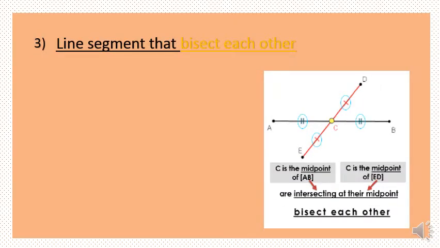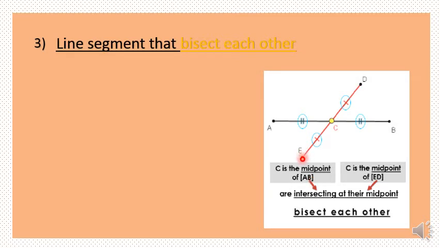Now, let's take these two diagonals. Look at the black segment AB. Look to the right of C. CB is equal to CA. They are given equal from the codes. They have the same codes. So C is the midpoint of AB.